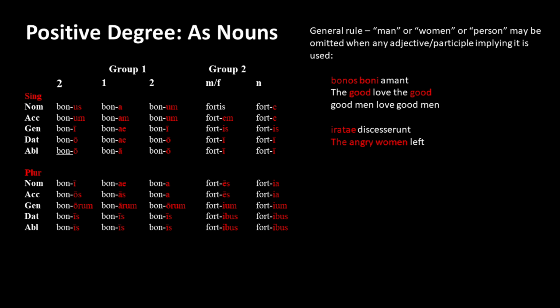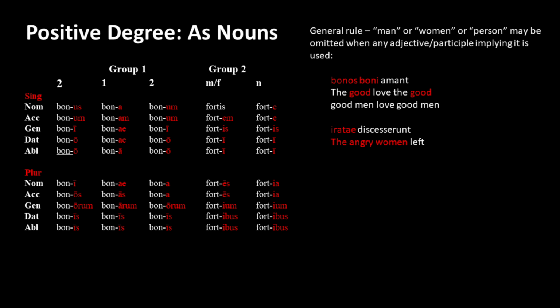Remember, in English, adjectives are completely invariable. The angry man, the angry men, the angry women. The word angry in English does not imply any particular gender or number, or indeed case of subjects or objects. Whereas because these Latin adjectives are inflected, they can very easily stand in place of a noun.